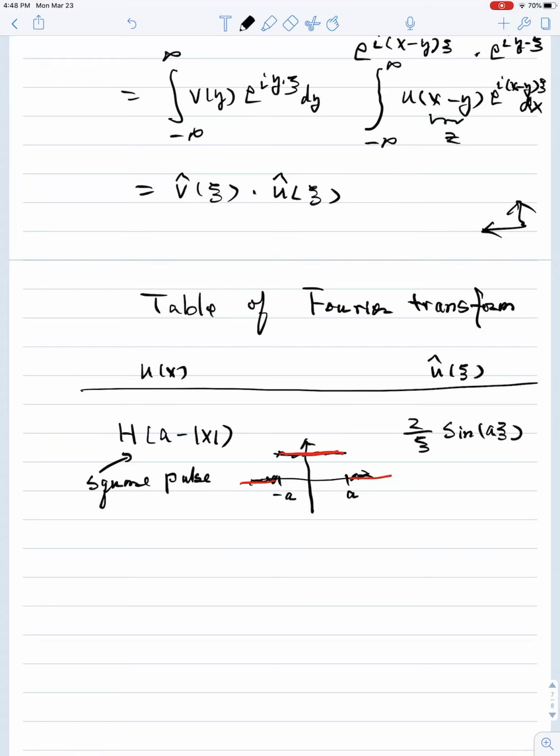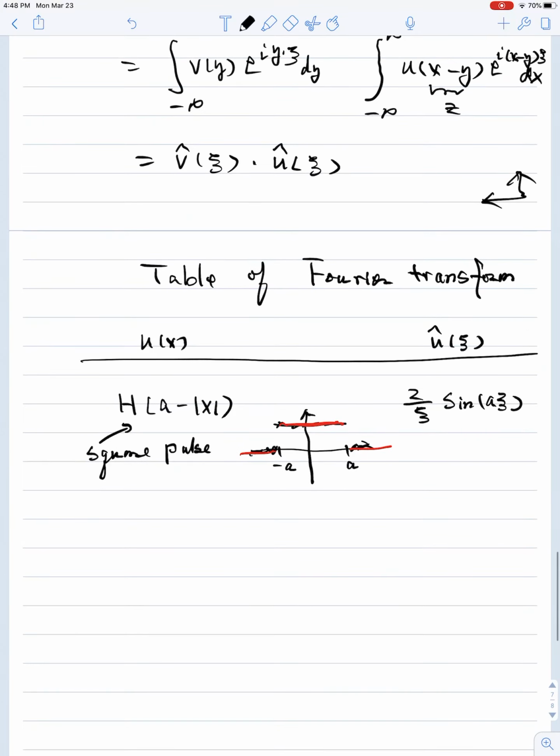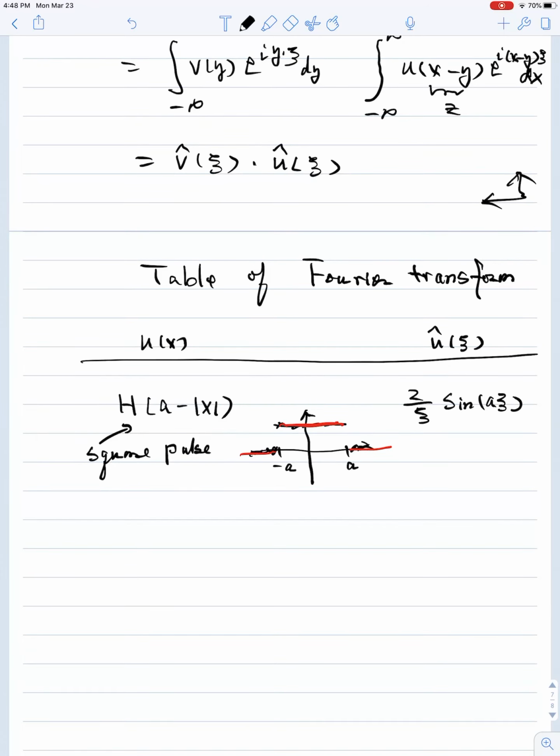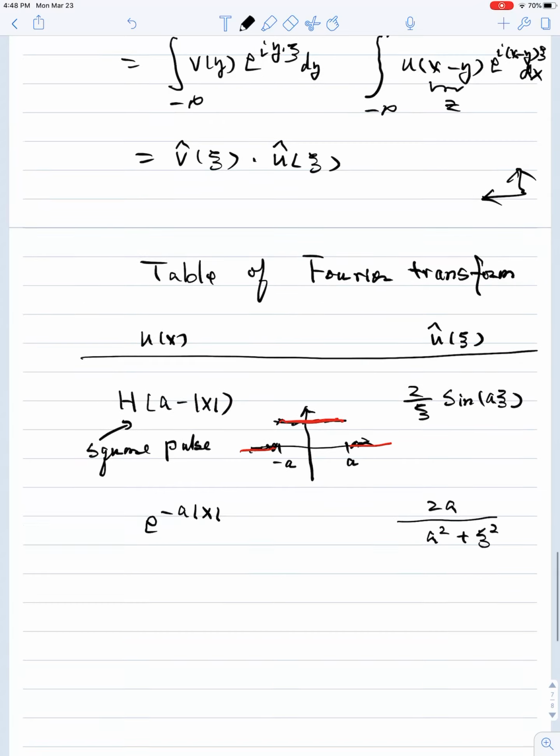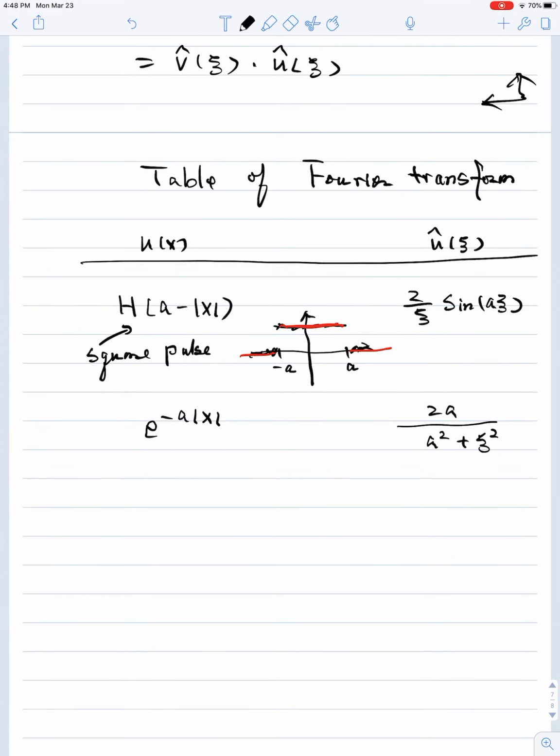There is another one that we know, the Fourier transform of the exponential function e^(-a|x|), which is 2a over (a² + ξ²).